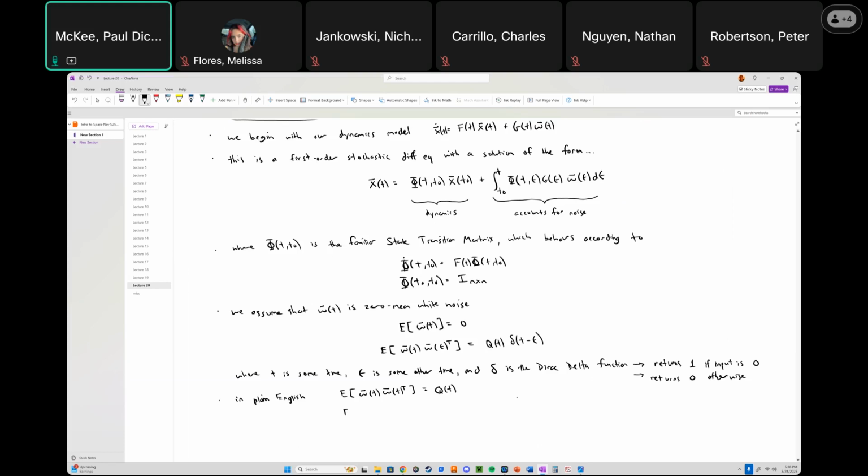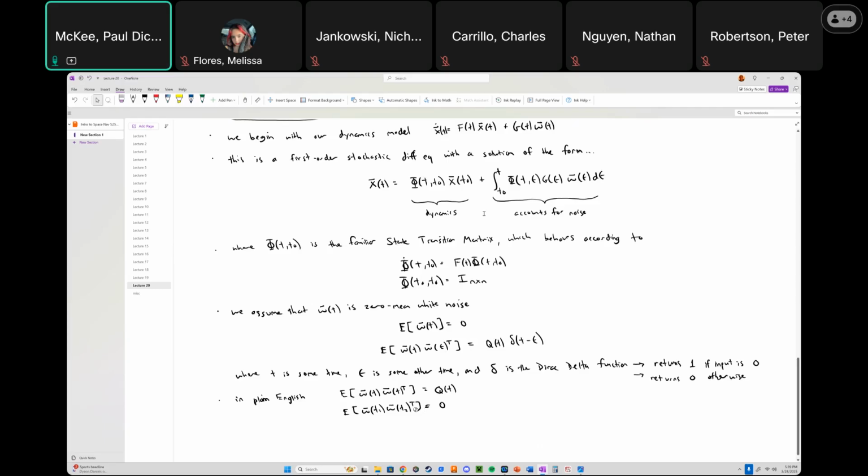But the expected value of omega of T1, any T1, times omega of T2, any other T2, is 0. So it needs to be the same time. Noise is only correlated with itself at the same time. It is uncorrelated otherwise, right? That is a key assumption in our derivation, which as we work our way through the Kalman filter derivation, we will use moving forward.